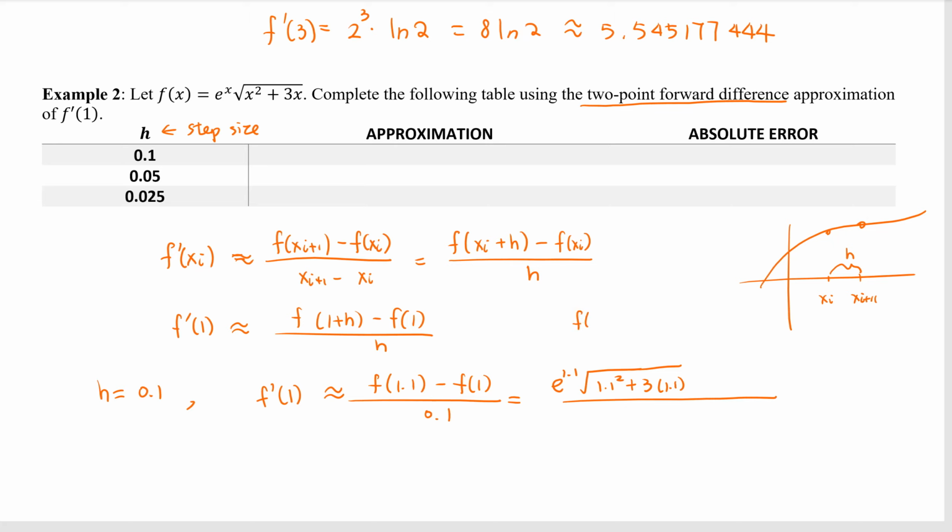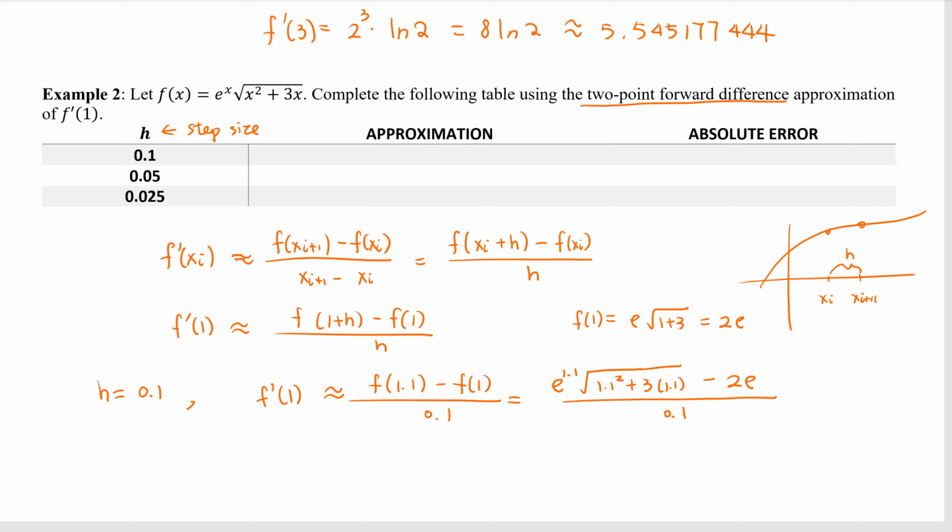We can calculate that here. f of 1 is e to the 1, times square root of 1 squared, which is 1, plus 3 times 1, which is 3. 1 plus 3 is 4. Square root of 4 is 2. So this is just 2e, and then over 0.1.